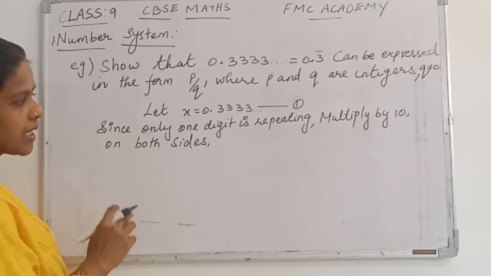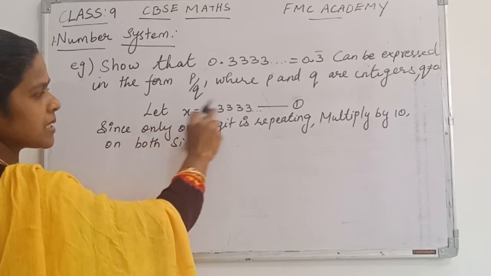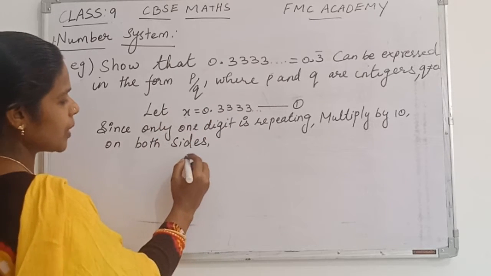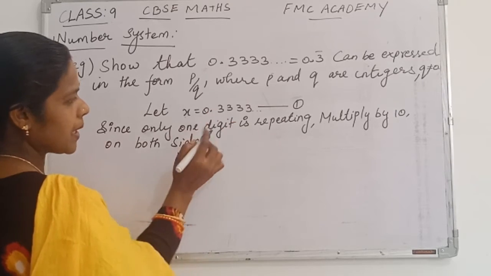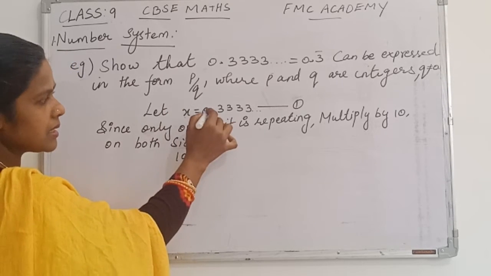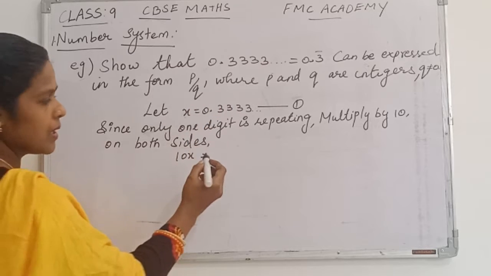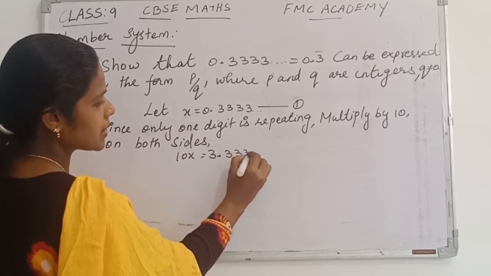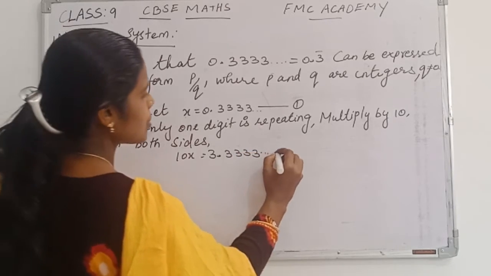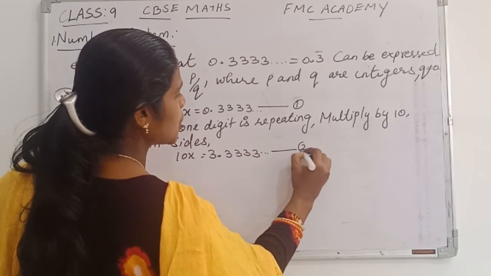Okay, I think it's very clear. Both sides means left hand side and right hand side. So on the left hand side when you multiply you will be getting 10x, and on this side, when we multiply, the decimal point will be shifted by a digit. So you will now have 3.333 like this. Okay, so here you give equation number 2.